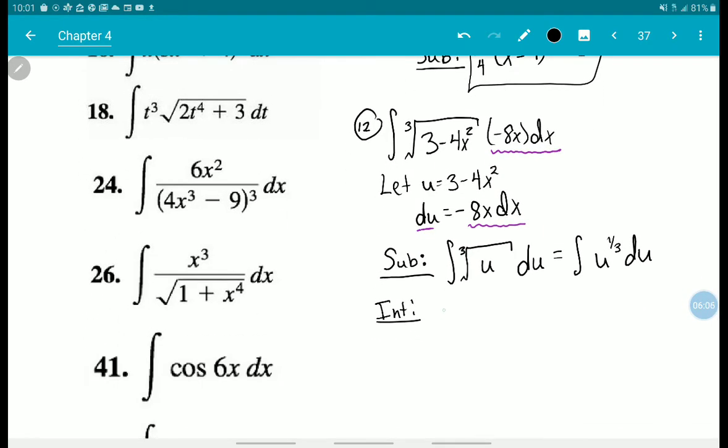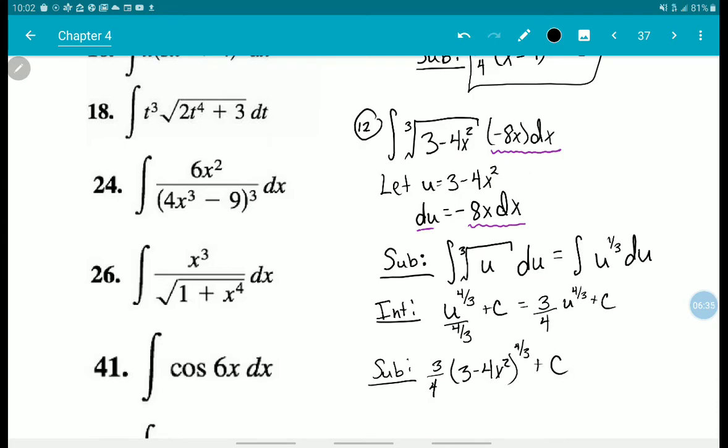So when we integrate, we're going to get u to the 4/3 divided by 4/3 plus c. And that's really 3/4 u to the 4/3 plus c. So then when we do our substitution, we're going to get 3/4 times that u to the 4/3 plus c. So there's our final answer.